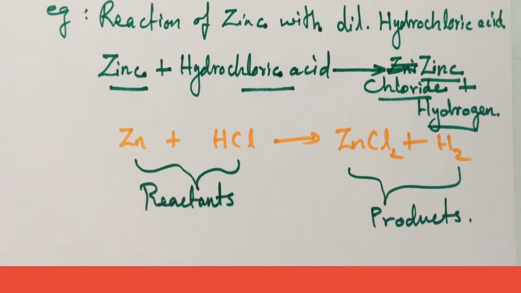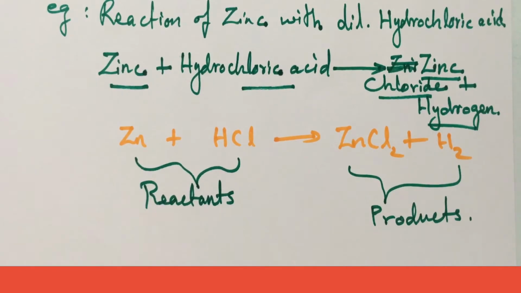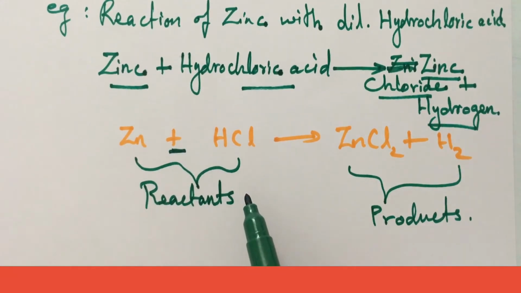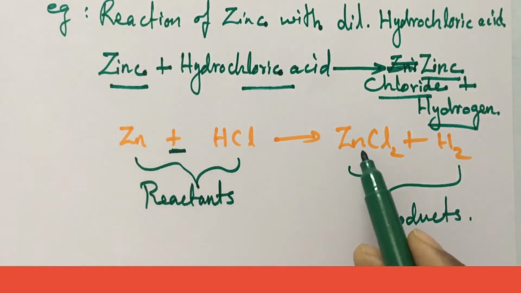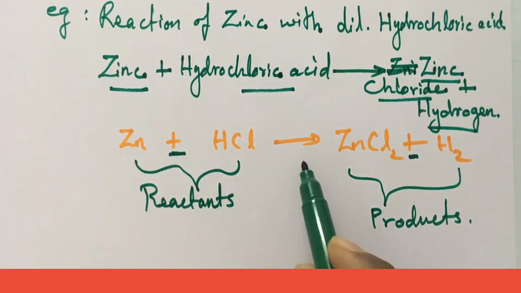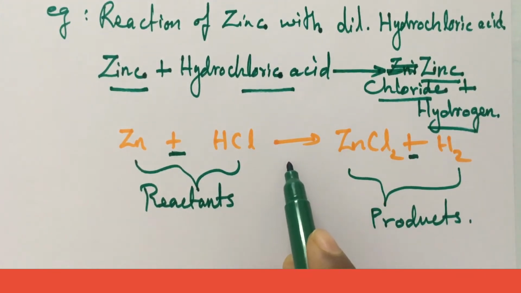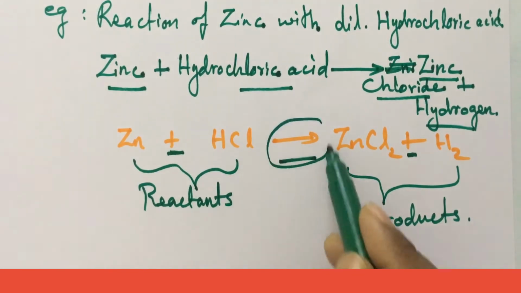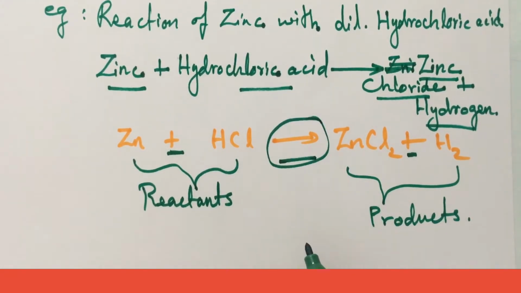The symbols and formulae of various reactants are separated by a plus symbol, and the formulae of various products are also separated by a plus symbol, and the arrow is put between the reactants and products.